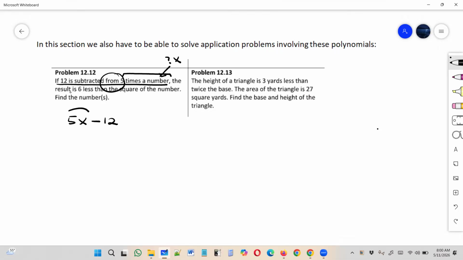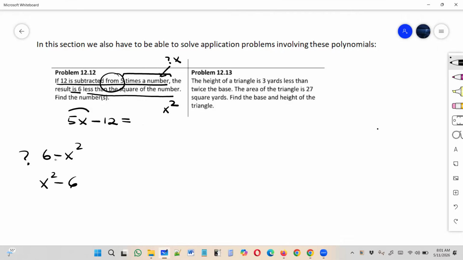Okay? The result is, how do we translate is? 6 less than the square of a number. Now, the square of a number, I know, x squared. 6 less than the square of a number. 6 less than, is it 6 minus that, or is it x squared minus 6?